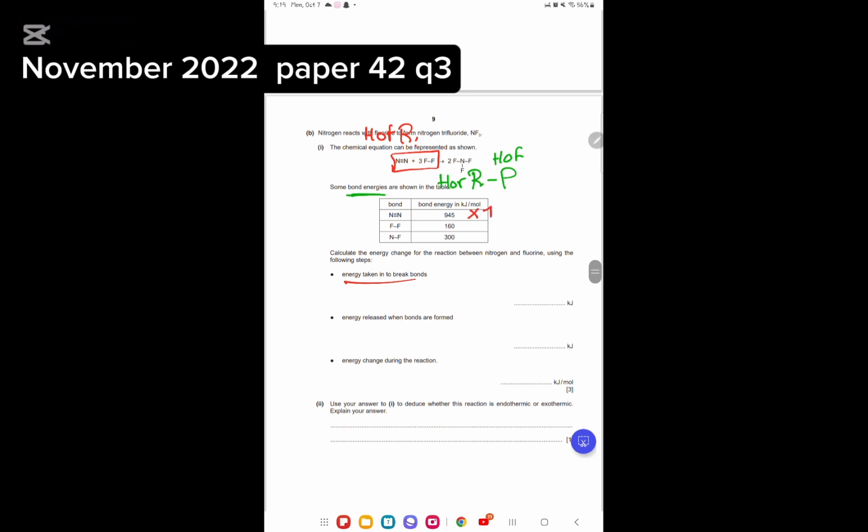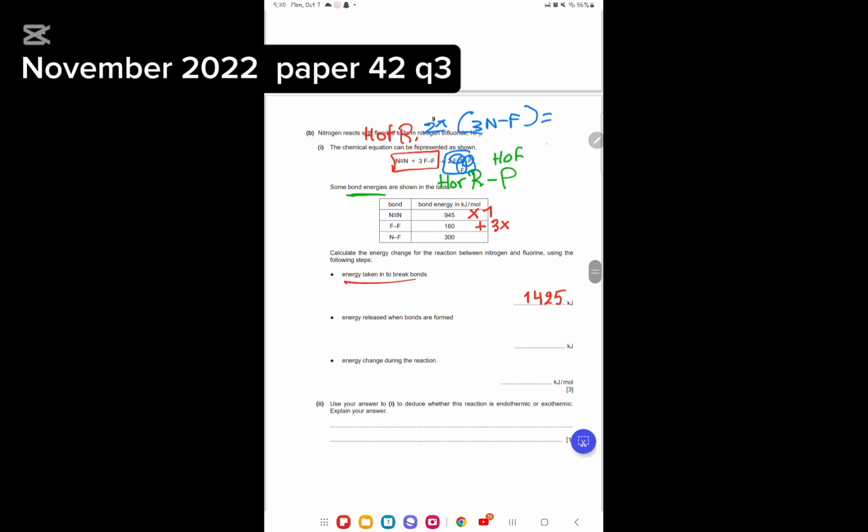So it is 1 N triple bond N plus 3 F single bond F. So if we're going to do it, it's going to be 945 times 1 plus 160 times 3. It is going to give us 1425. Then the energy released, which is for our product, we have 3 NF bonds multiplied by 2.